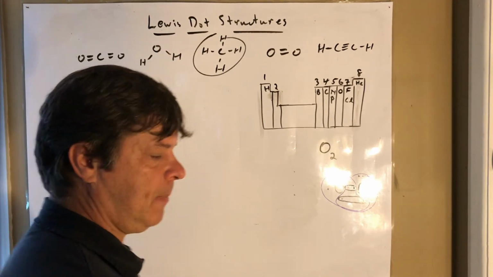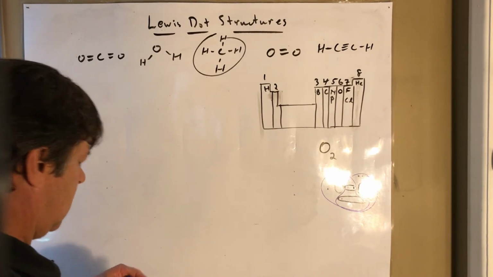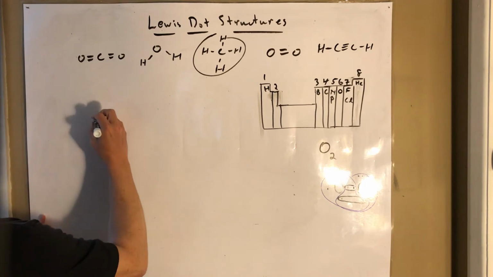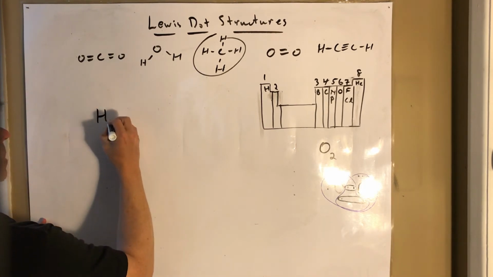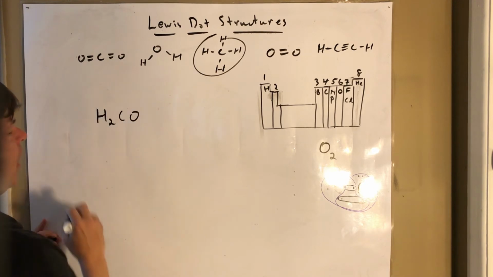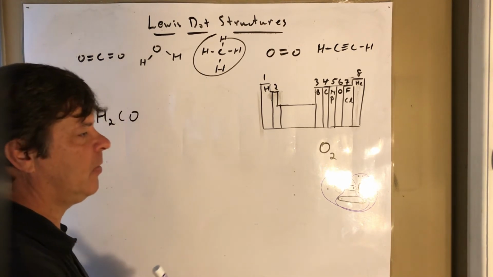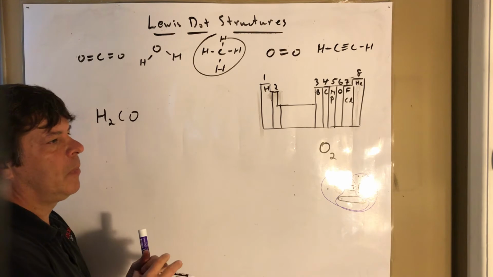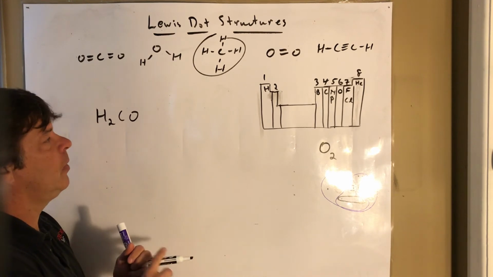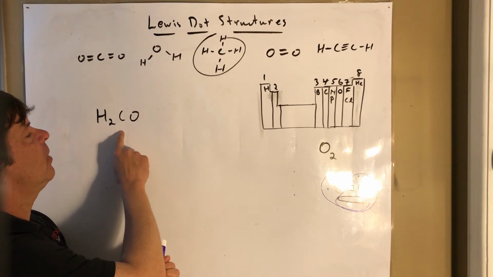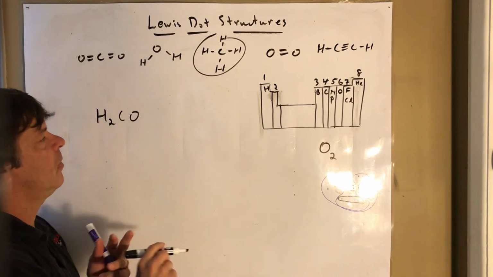Let's look at something like this. H2CO. I'm going to teach you a different way now. This is called the tally method. What we first want to do is add up the valence electrons in this compound.